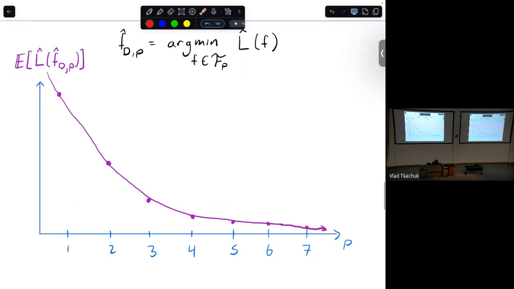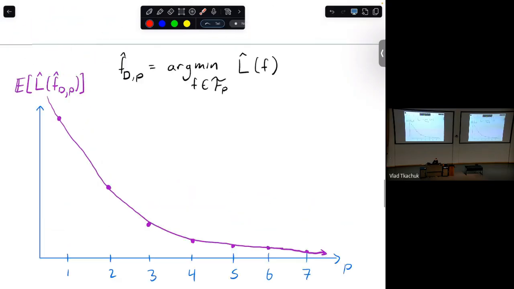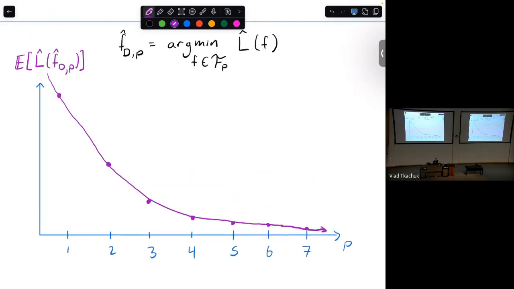If you run this for a particular data set, it can be the case that you end up with this one slightly higher and this one lower. But on average, this is the trend you're going to see. So once again, for any particular data set this might not quite be the case sometimes, but in expectation, you will see the following.